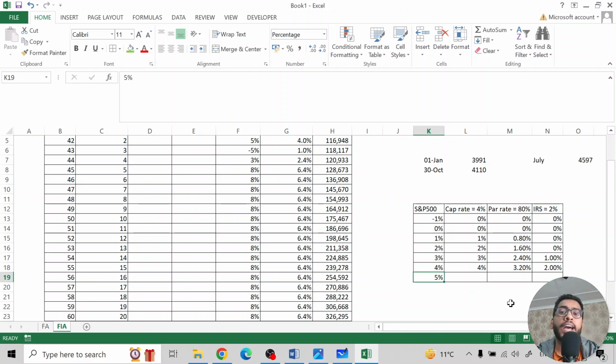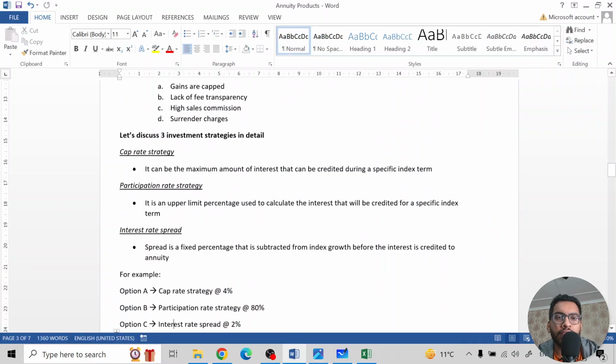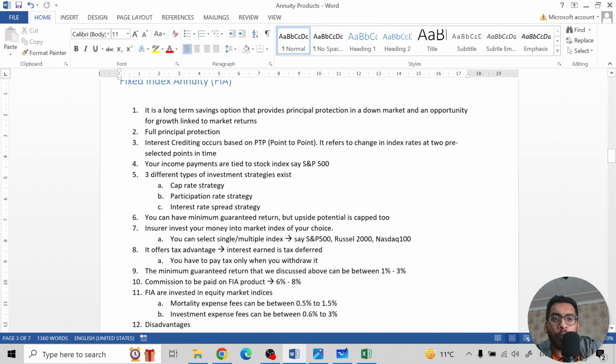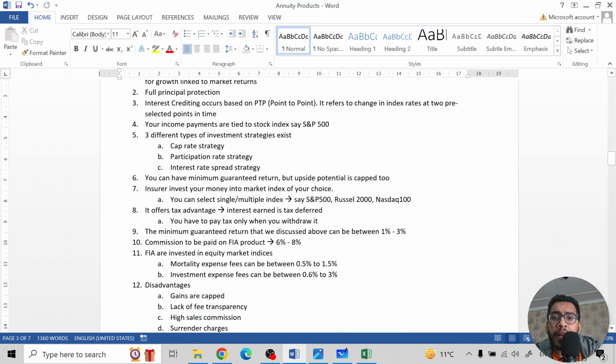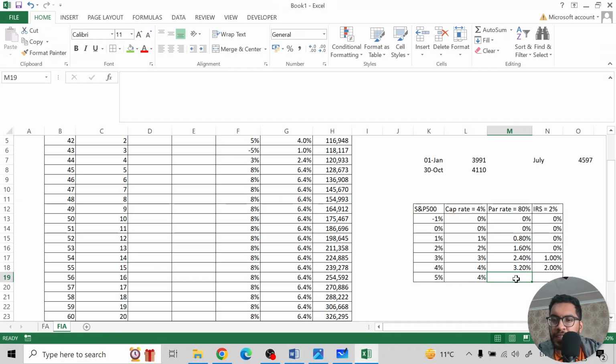Now, when the S&P generates a return of more than 4%, in case of a cap rate strategy, you are going to get only a 4% rate of return. That is also one of the things you can cover, like we have covered over here as well: the upside potential is capped using the cap rate strategy, which in our example is 4%.